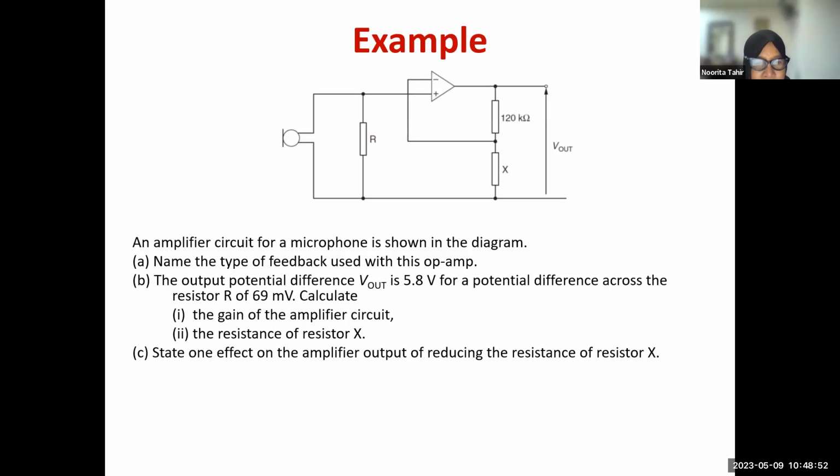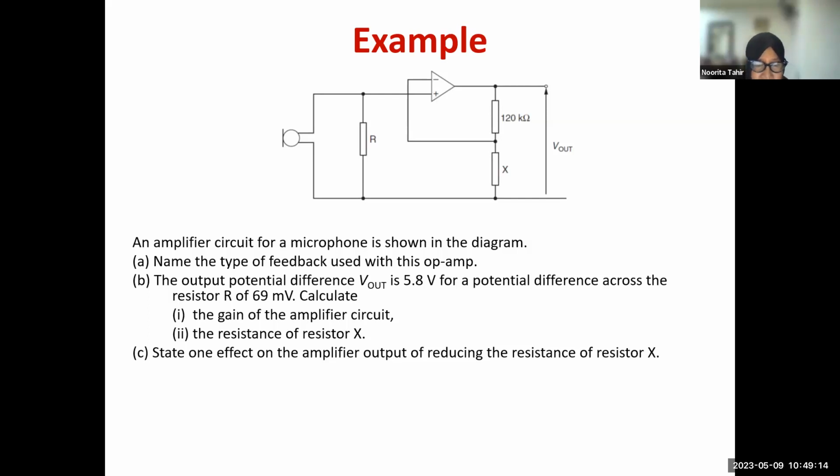It wants you to name, first, the type of feedback used with this op-amp. It's either inverting or non-inverting. And how you look into that is you need to look at which terminal of the op-amp input the source is connected to.